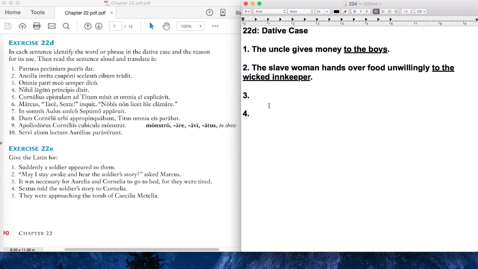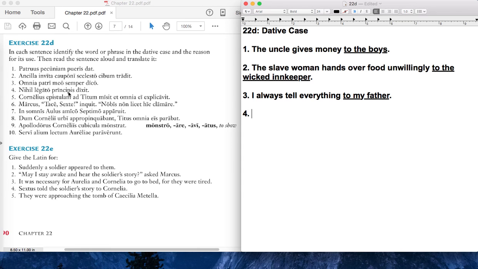So again, to my father is the dative. I always say everything to my father. Or maybe we should say, I always tell everything to my father. So, to my father is the dative.